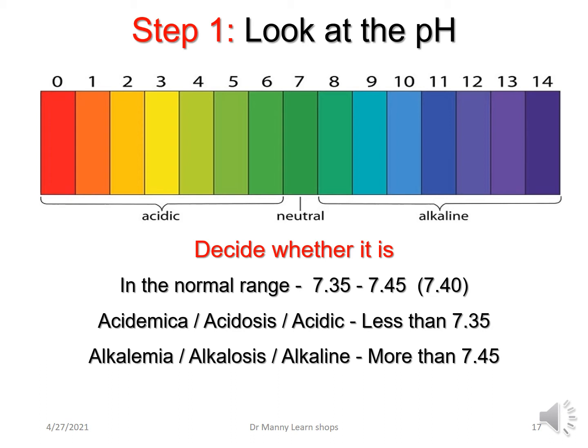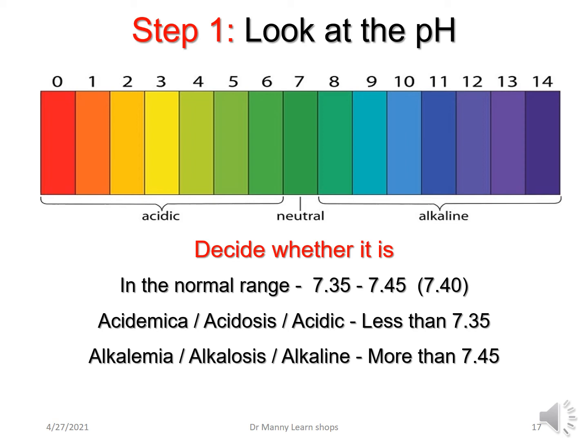Or is there an acidemia, an acidosis, too much acid, which will decrease the pH to less than 7.35? Or is there an alkalemia, too much base, an alkalosis, alkaline agent? And this will be reflected in the pH being more than 7.45.